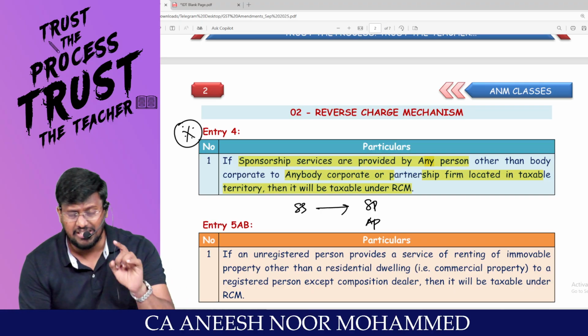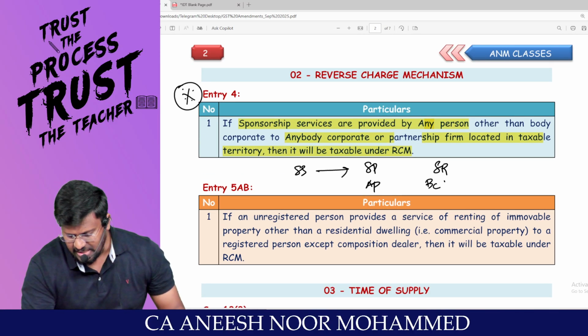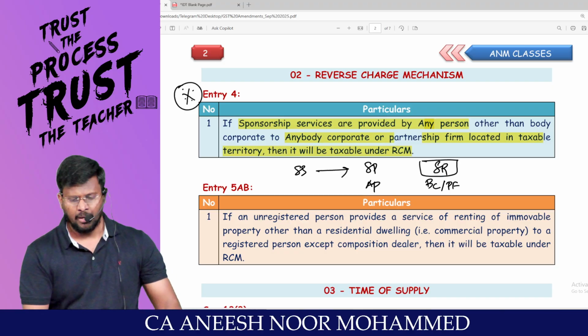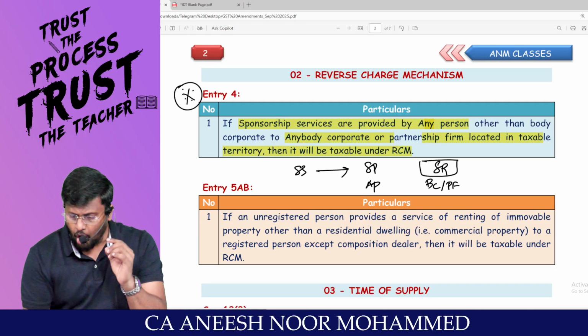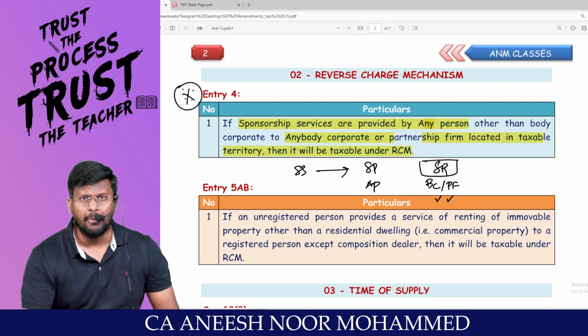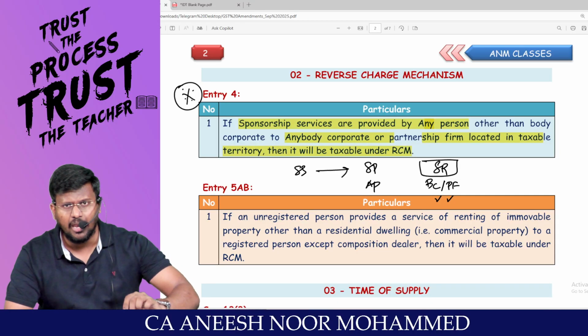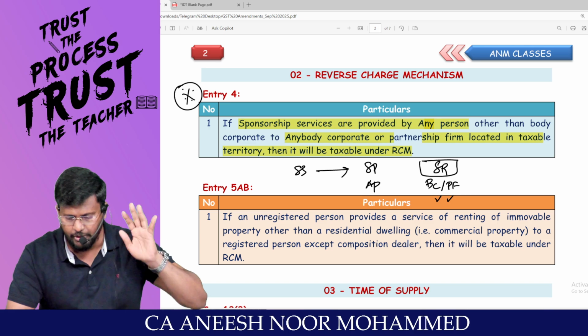Don't look at the service provider, look at the service recipient. If the service recipient is a body corporate or partnership firm, then the body corporate or partnership firm is the person liable to pay tax under reverse charge basis. This is the settled provision.